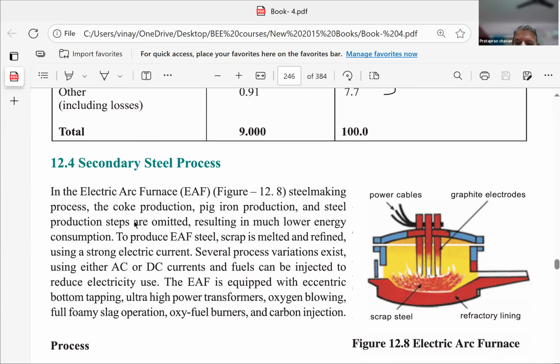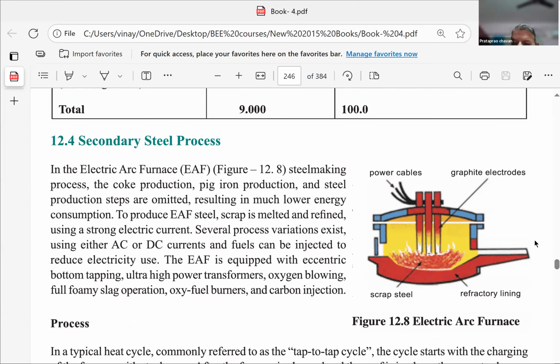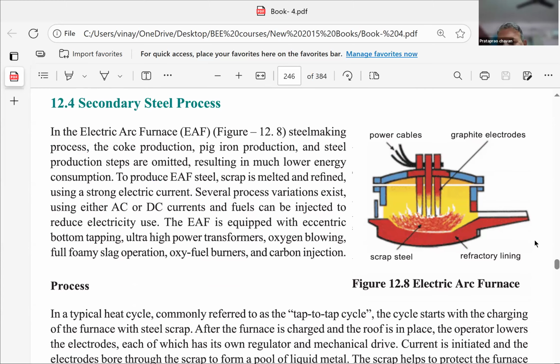Now, the secondary steel process, for example, electric arc furnaces. I just made a statement that electric arc furnaces are costly because electricity itself is a very costly product of heat energy. So this is a secondary use of electricity. A dome is prepared. These are the heating rods called graphite electrodes. The power cables are connected. Why graphite?